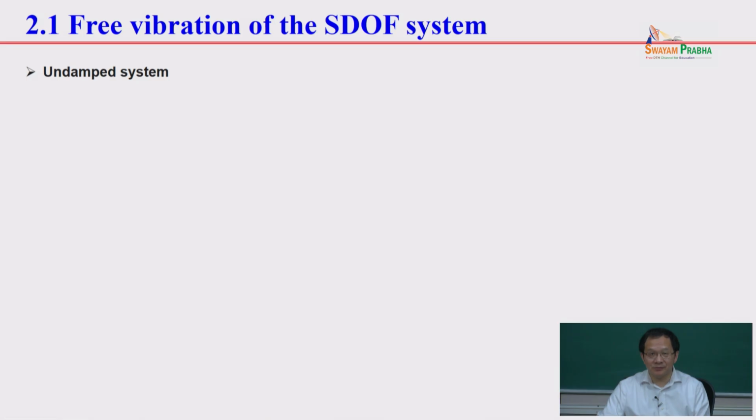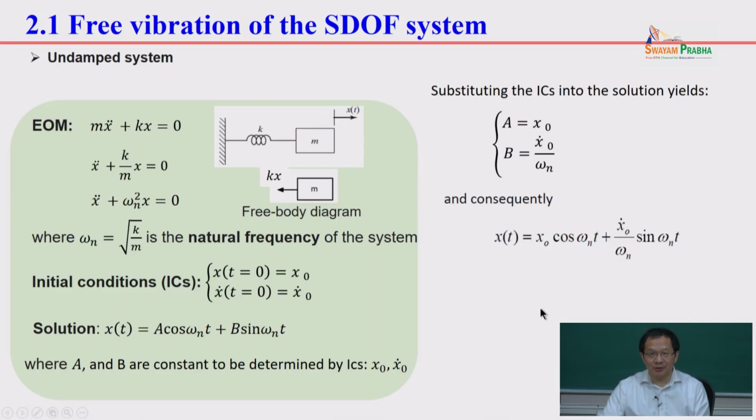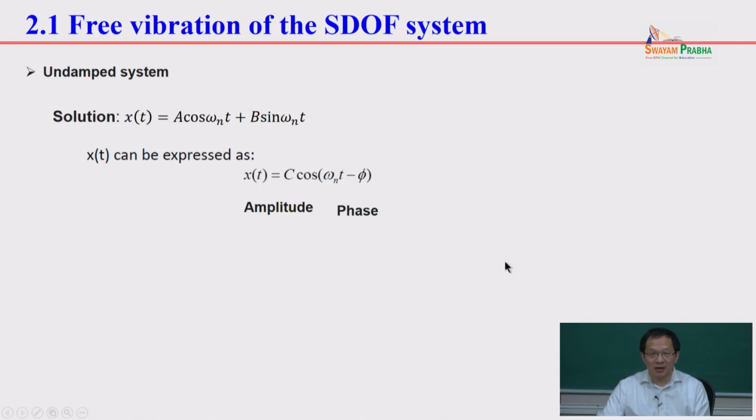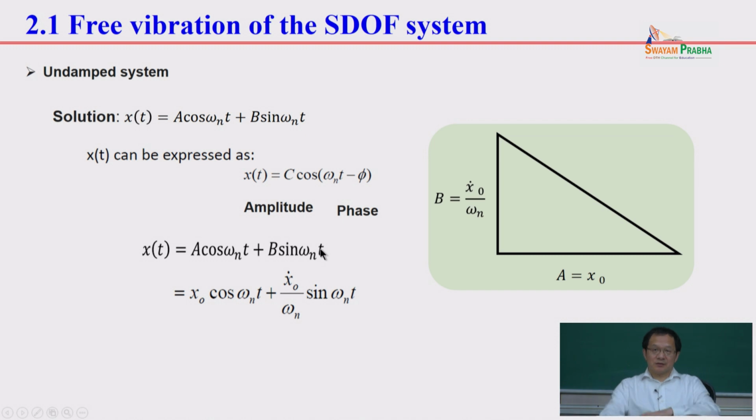So this system has no damping, right? It is an undamped vibration system. And from the combination of A and B, you can have amplitude and phase, using the triangular relationship. So overall, the solution is like that. Here, the triangular relationship shows A is the cosine amplitude and B is the sine amplitude, which depend on the initial condition of displacement and velocity, right?